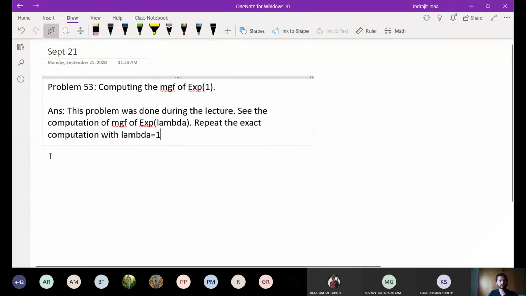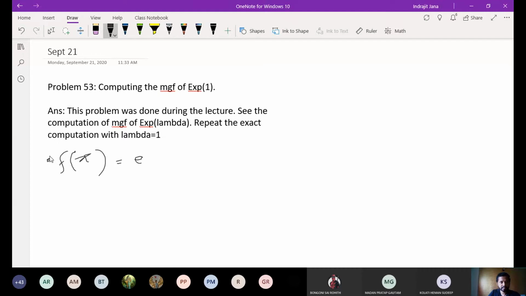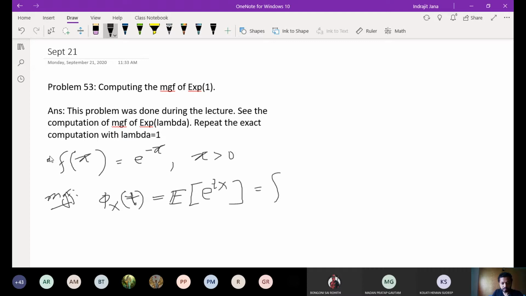The answer should be, so the MGF of X in this case, if f of x is equal to e to the power negative x when x is positive, the MGF is going to be, if you do the computation, the expectation of e to the power tx, that is the integration from 0 to infinity of e to the power tx times the PDF, which is e to the power negative x, dx.